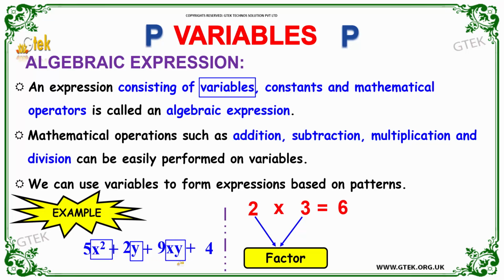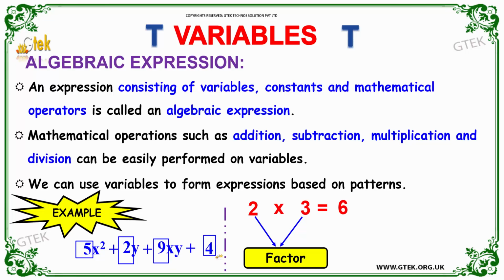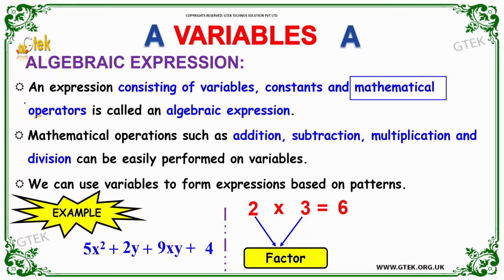The constants are 5, 2, 9 and 4. And the mathematical operators are nothing but plus, plus, plus. So these are the mathematical operators. Combined, we call it an algebraic expression.